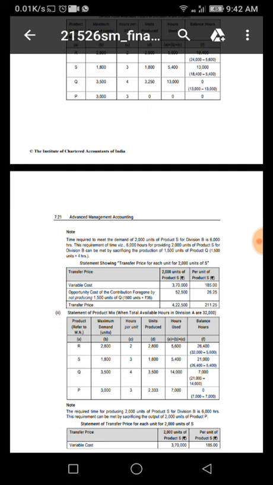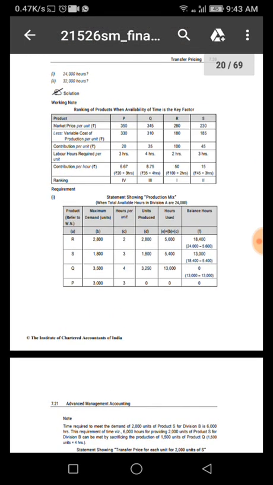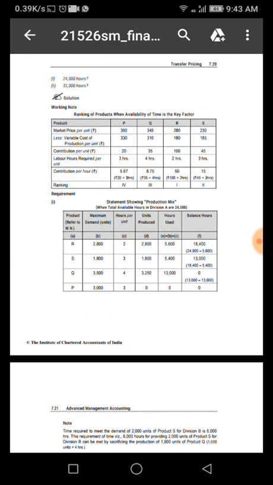Then the opportunity cost, the contribution foregone by not producing. This you can do: 6,000 hours are there, so 6,000 hours into 8.75, because you're taking 6,000 hours. If you're taking hours, you will take contribution per hour.